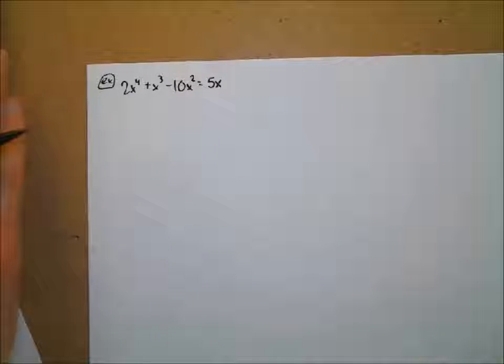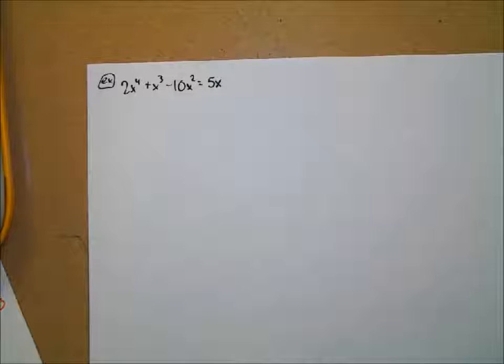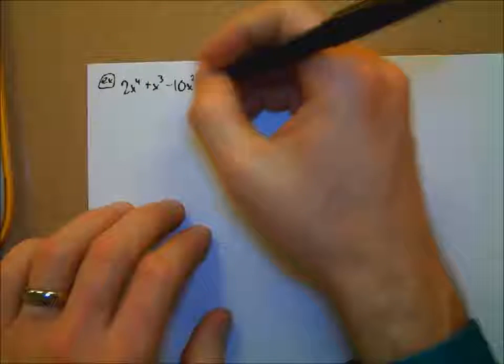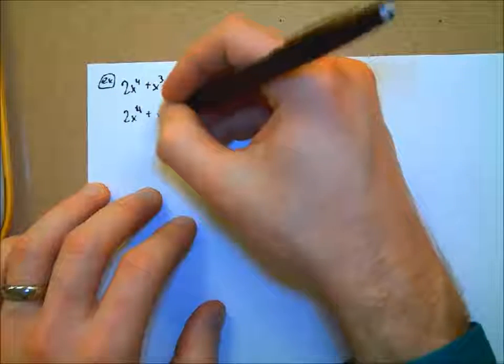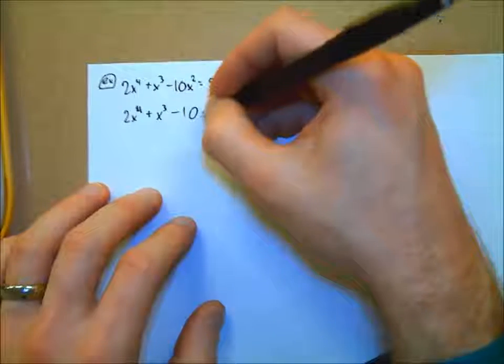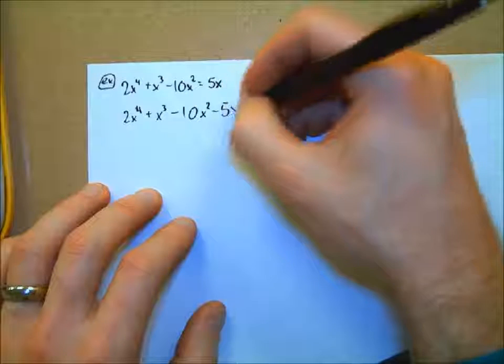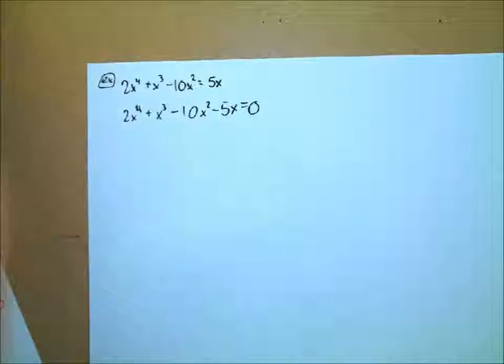So, Rebecca, you got an idea for us here about what the very first step should be? Factor? Not yet. You have to move 5x. There we go. So, yep, subtract the 5x over first. Okay, so there, you've got that.